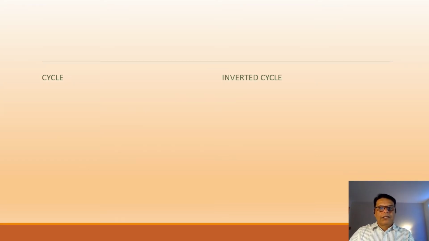So these were the parameters. So what is the difference between a cycle and an inverted cycle?